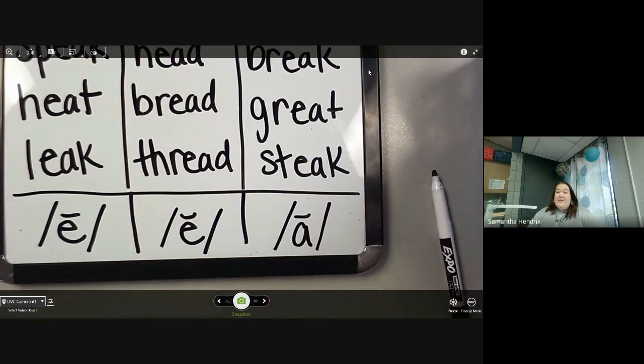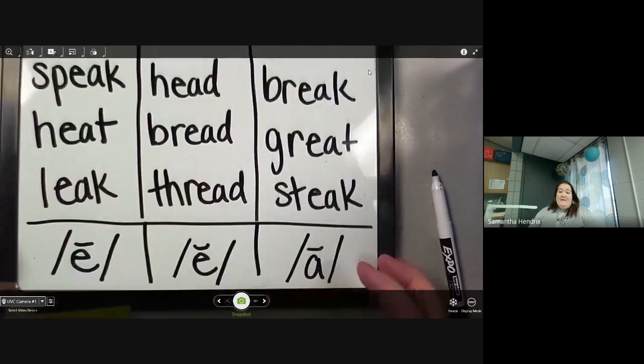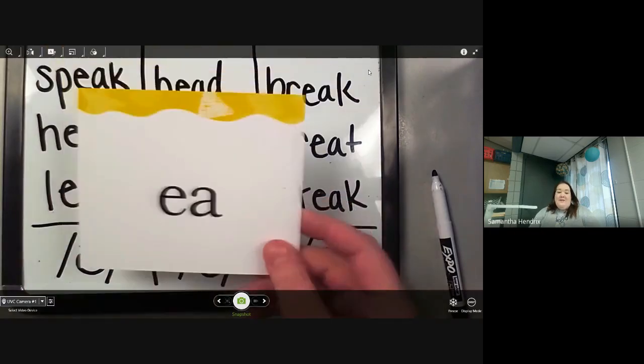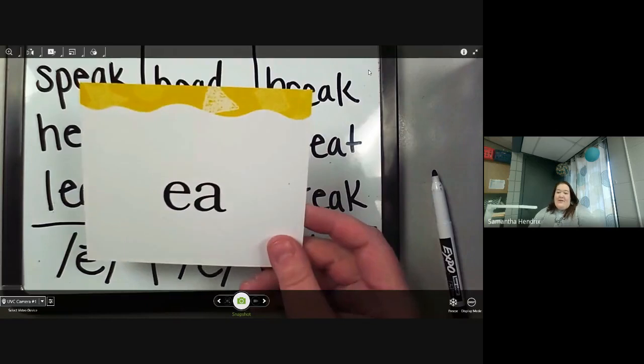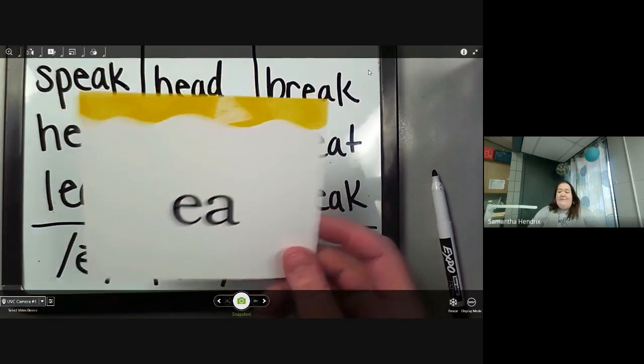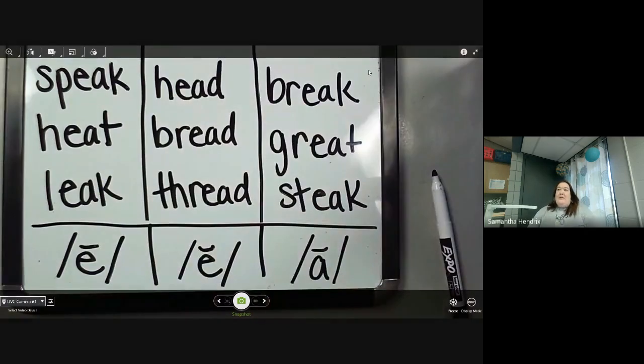So there is good news with this, okay? We've done this. We're going to code them and do a little bit more. But let's look at our picture cards. So here's the good news. So we have digraph EA. So when it's yellow and we're doing our letters, digraph EA. That's easy enough, okay? When I show you the picture cards, they will always be in this order, okay?